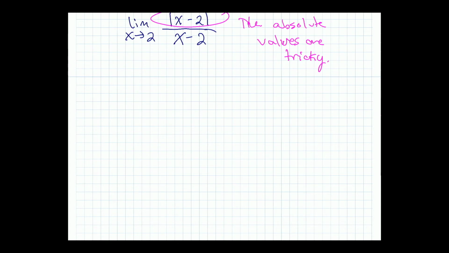So I know in the previous section that we evaluated limits using tables and things like that. And so let's think about doing that limit right there with a table.